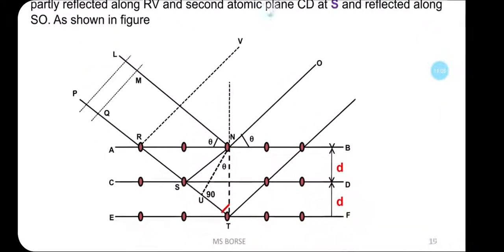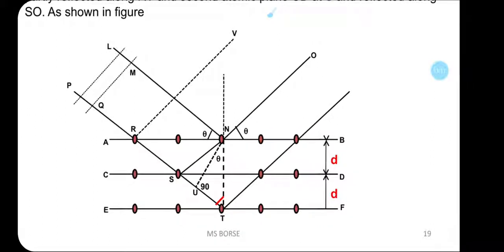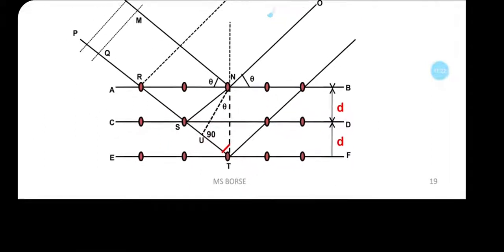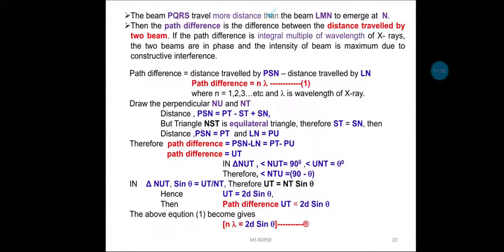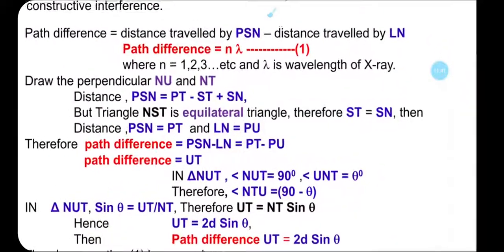NU is perpendicular on ST, and the second perpendicular is NT on the third plane EF, making a 90-degree angle. So these two perpendiculars are drawn on the planes.